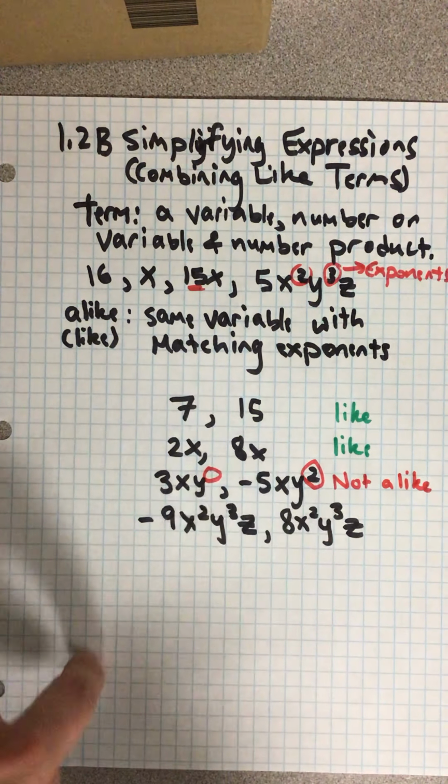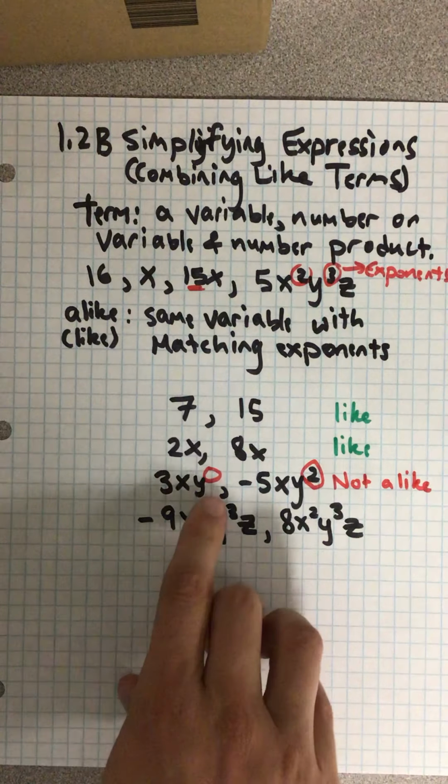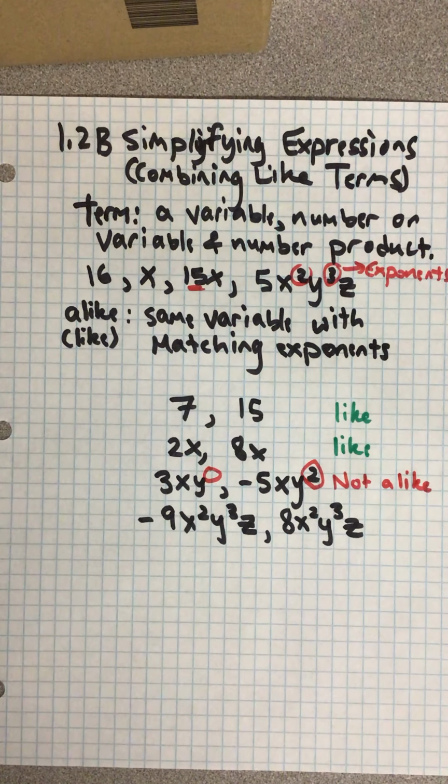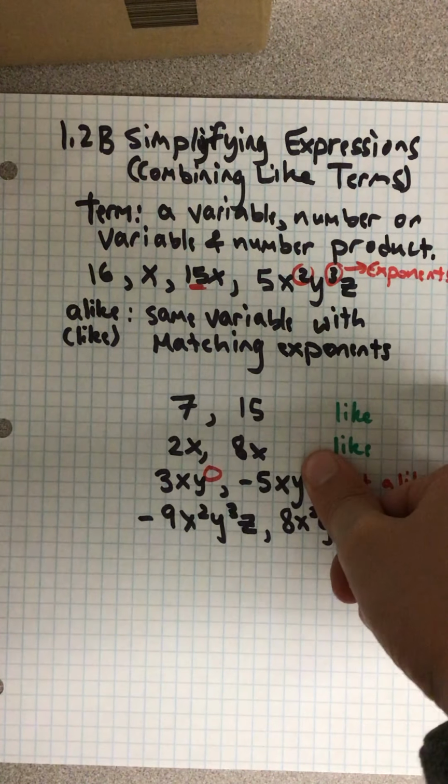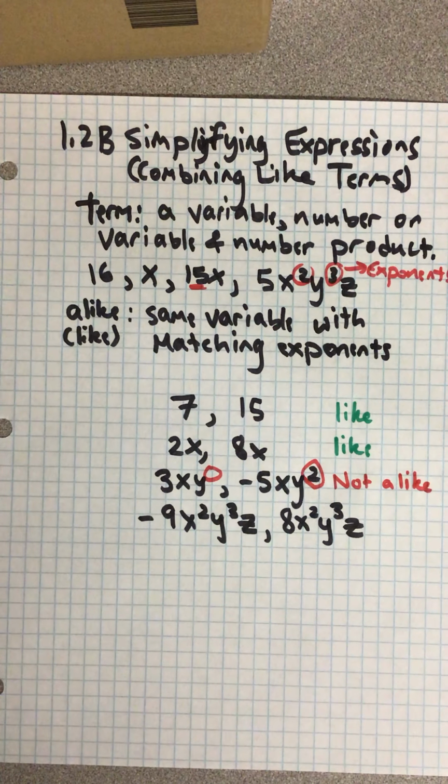This y does not have an exponent on it, meaning they are not alike because the 2 and the blank here, which actually stands for a 1, and we'll talk about that in chapter 6, don't you worry. But the 2 and the blank do not match up, so they are not alike. Now, if this just looked like this instead, you could say they were alike, but unfortunately that's not the case.